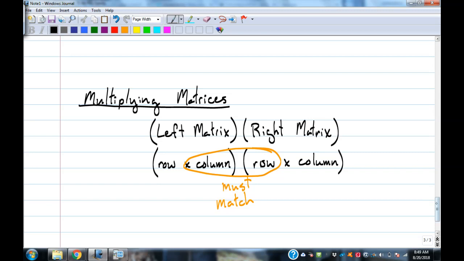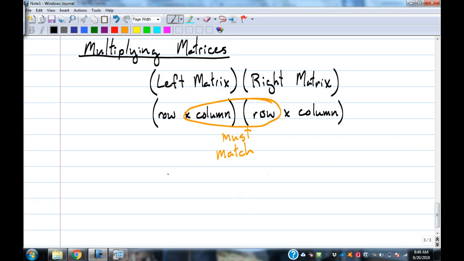For example, if the left matrix is a 2 by 3 and the right matrix is a 3 by 4, can those two be multiplied together? Yes, these match. Here's the neat property, it does this every time.